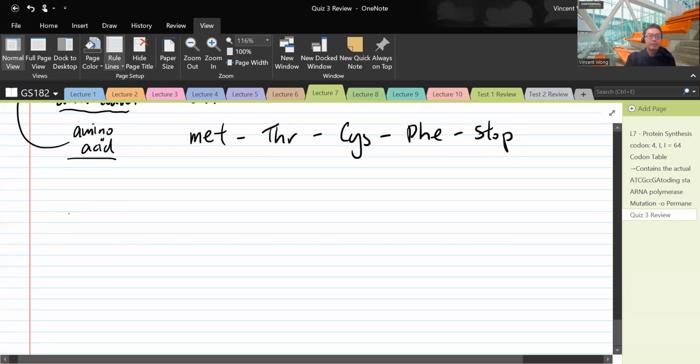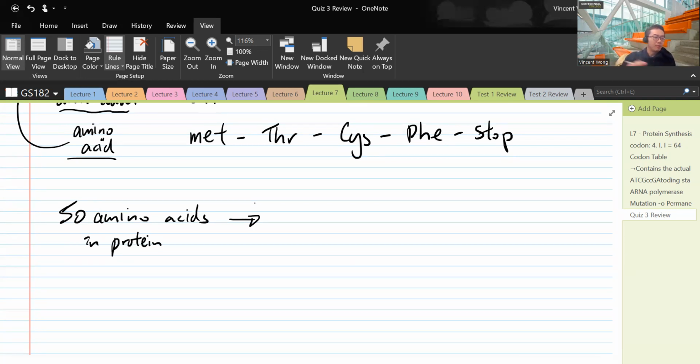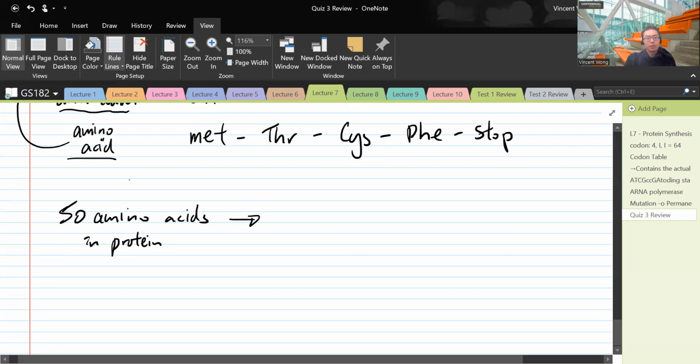Let's say I have 50 amino acids in the protein. How many nucleotides do we need to code for that? What's the minimum number of nucleotides required to code for something like this?